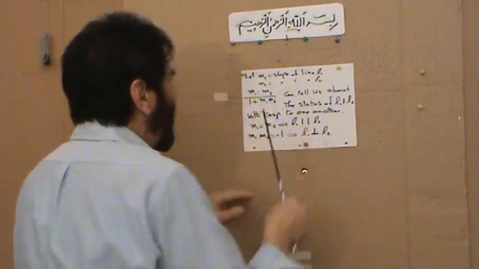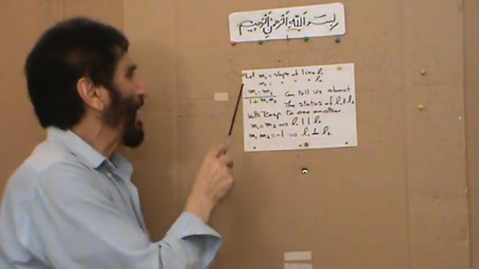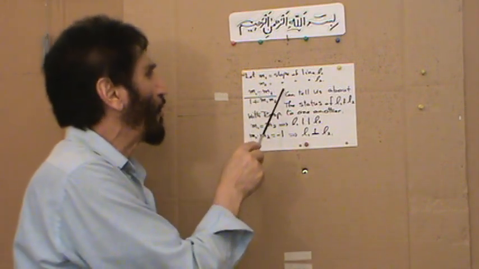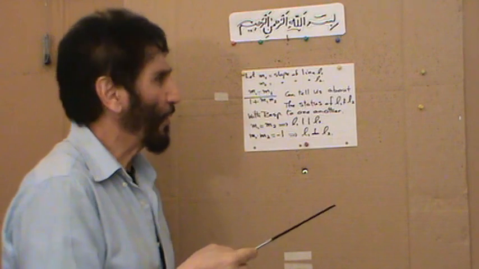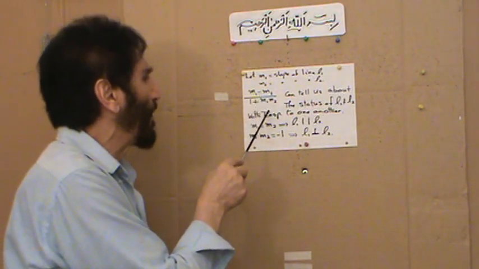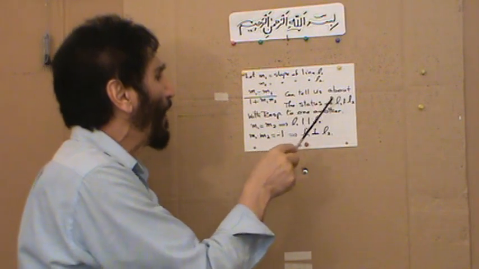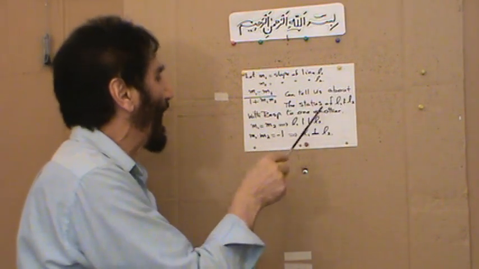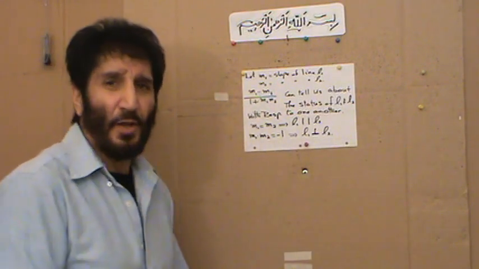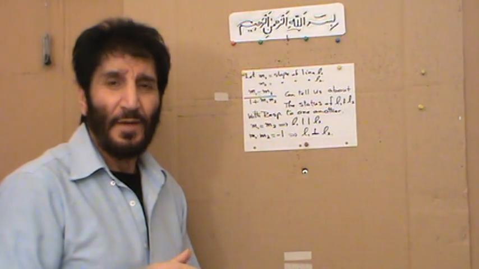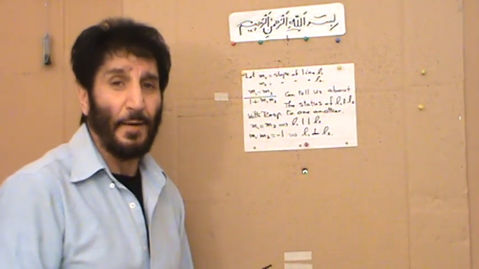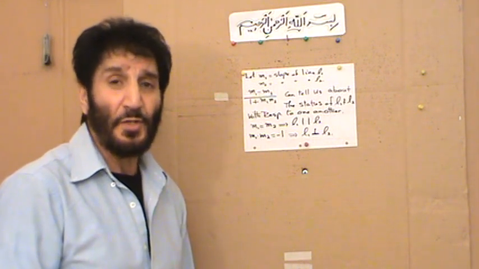Okay. Look at what I have said. Let m1 be the slope of a line L1 and m2 be the slope of a line L2. Then this fraction, m1 minus m2 over 1 plus m1 m2, can tell us about the status of L1 and L2 with respect to one another. Meaning, are they parallel to each other?